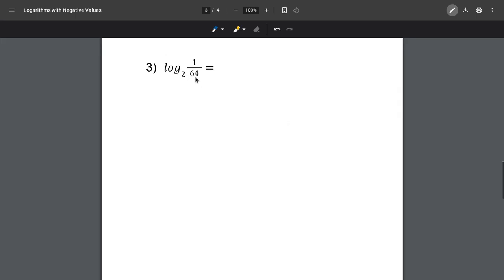For this next one, I'm going to look at the denominator here, 64. How many 2s do I multiply together to get 64? So 2 times 2 is 4. Times 2 is 8. Times 2 is 16. Times 2 is 32. Times 2 is 64.